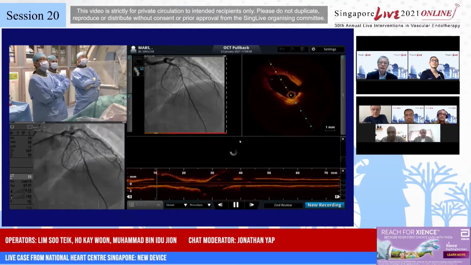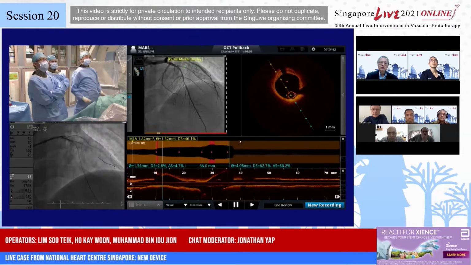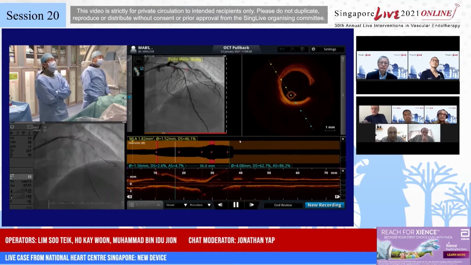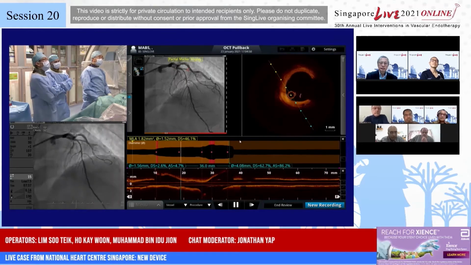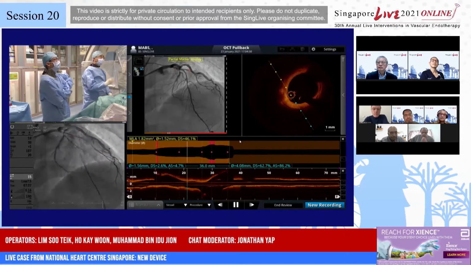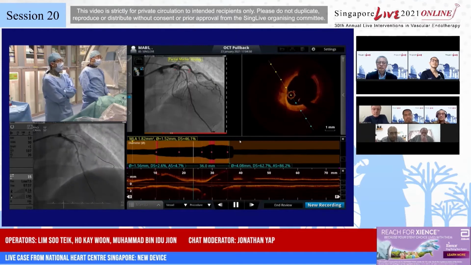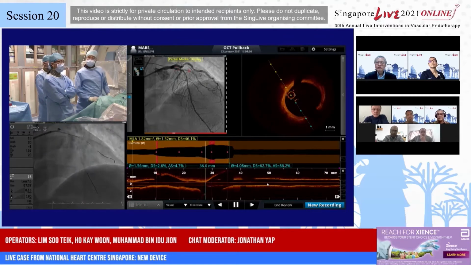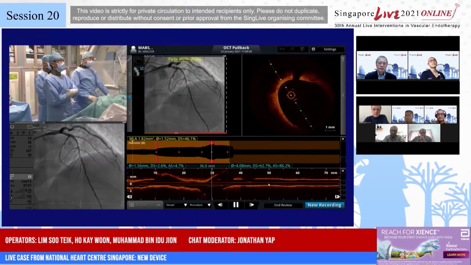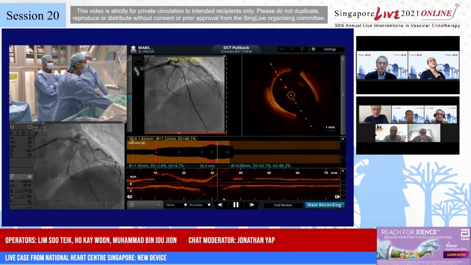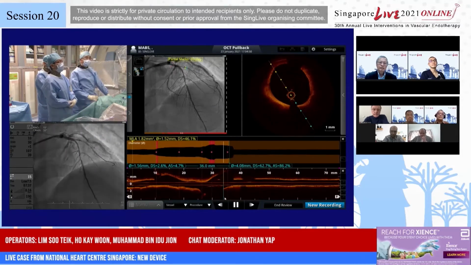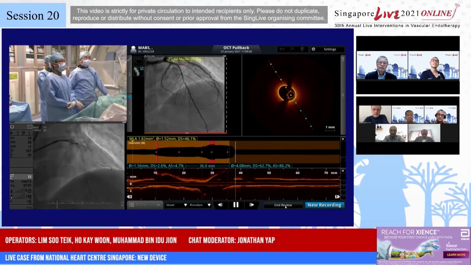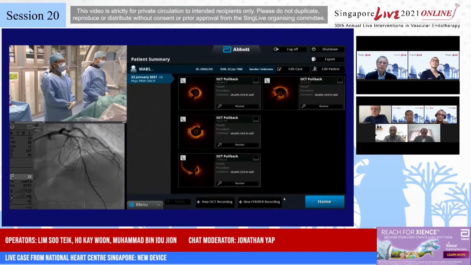The plan was to cross over the diagonal. There is not too much disease at the ostium of the diagonal, but the diseased segment extends slightly across the bifurcation. So the plan is to stent from proximal LAD to mid LAD, but the landing zone is close to the upper limit of this bioadapter.